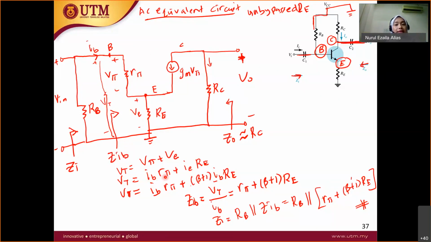If you notice here, in DC analysis usually you write capital letter IB and capital letter IE, but in AC analysis, most of the time, and I think in the textbook also, they use small letter ib and ie. And then IE is replaced with this one. So you will get the equivalent Z in B is equal to R pi plus (beta plus 1) RE. And then Z in is equal to RB parallel with Z in B. Okay, that's it. So this is the derivation that you got.